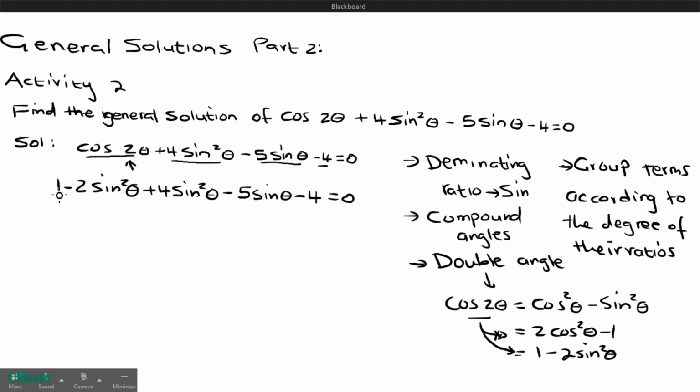The first one is 1, 1 minus 4. So 1 minus 4 is minus 3, equal to 0.